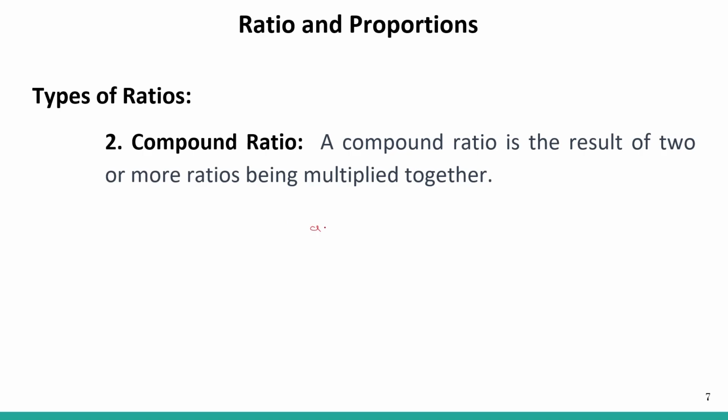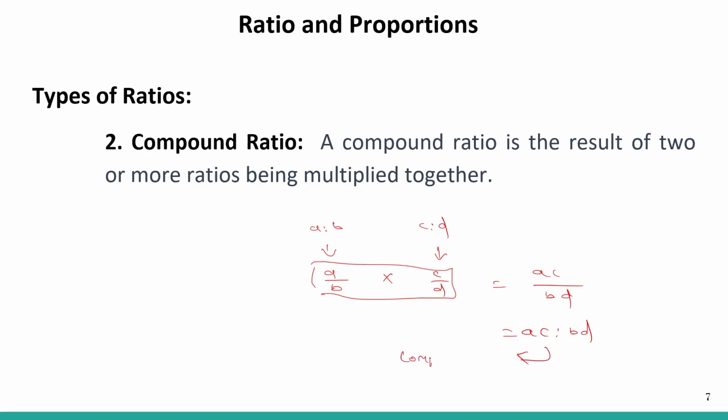You have two ratios, A is to B and C is to D. These can also be written as A by B and C by D. If we multiply these two, we are left with AC by BD, that is AC is to BD. This kind of ratio, where two ratios are multiplied together, is called compound ratio. It comes into the picture after simple ratio.